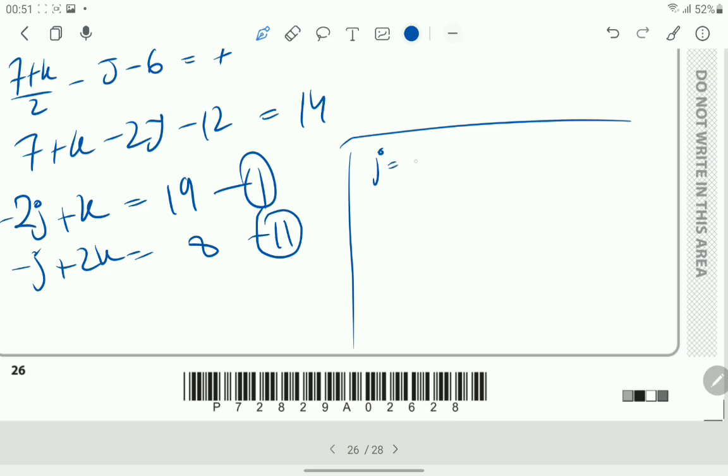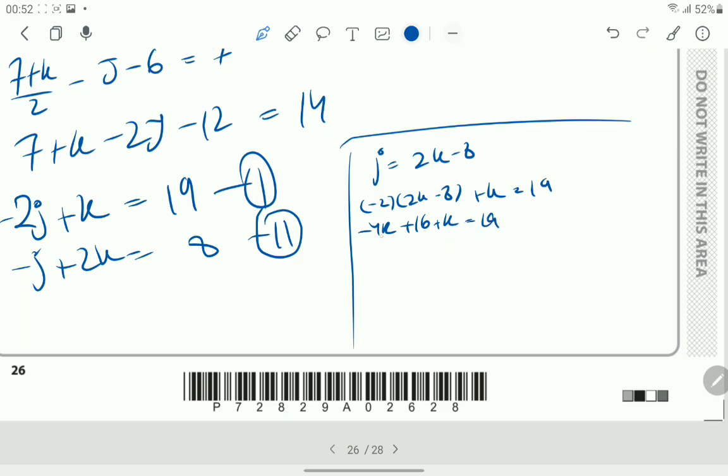So j is equal to 2k minus 8, and then plugging j in, minus 2 times (2k minus 8) plus k equals 19. We get minus 4k plus 16 plus k equals 19.